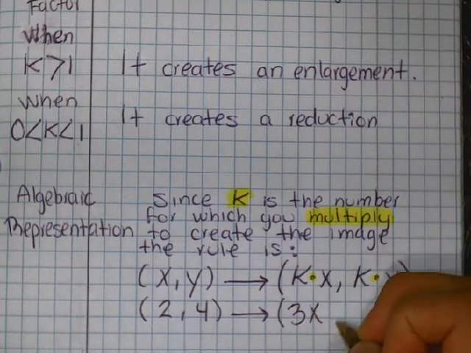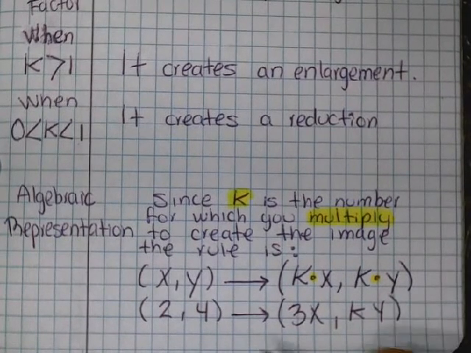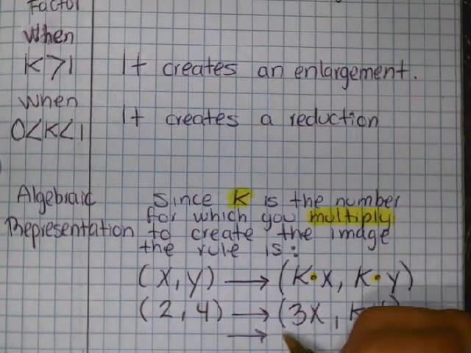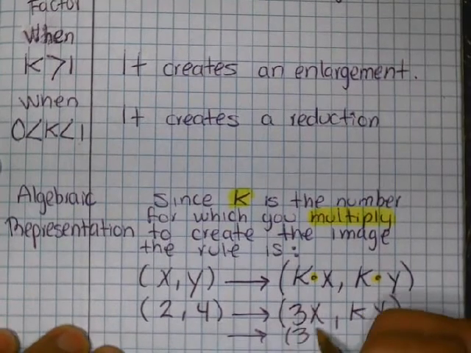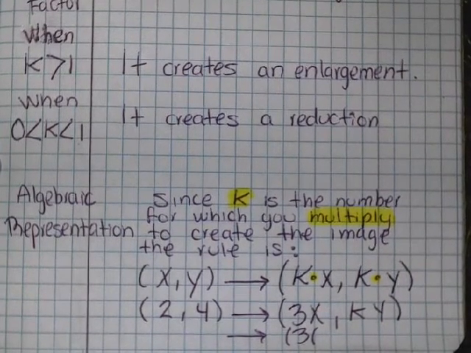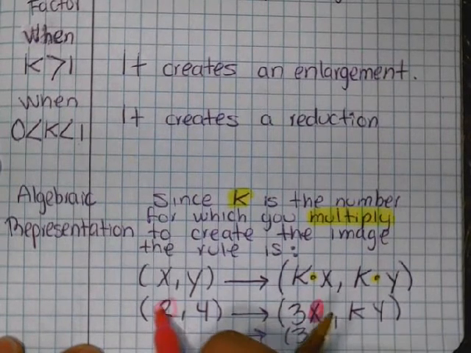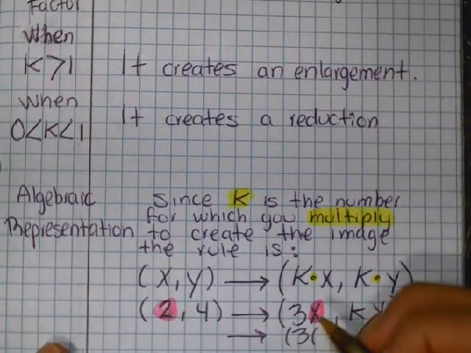(3x, 3y), that will produce the point 3 times whatever the x is. In this case, my x is equal to 2.